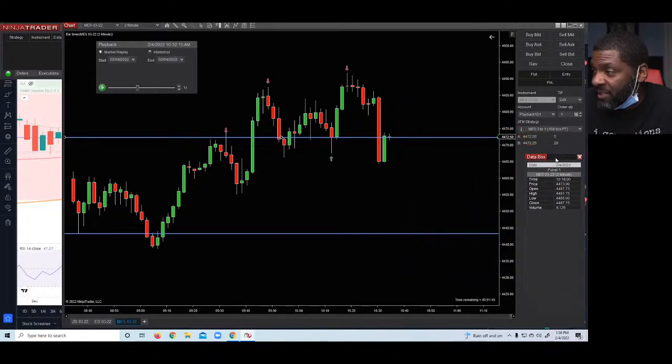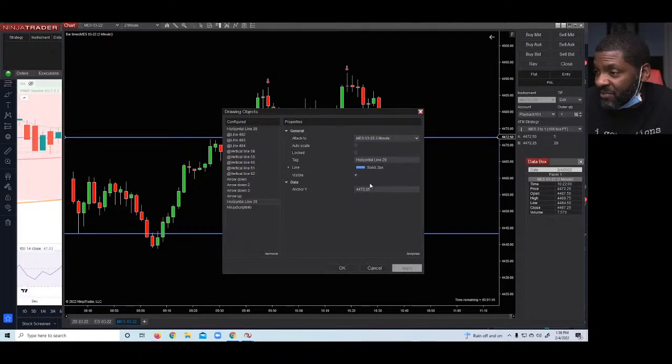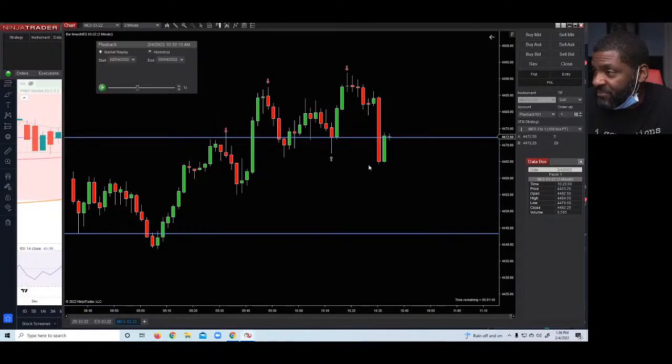So that's where I'm looking to make my entry, 4472.25. Let me set that line. Oh, it's already there. And the line chart makes it simpler for you. Yeah, it does. The line chart is real simple.